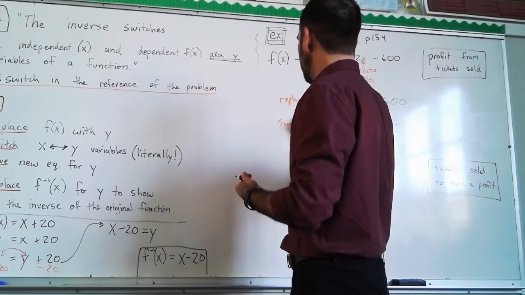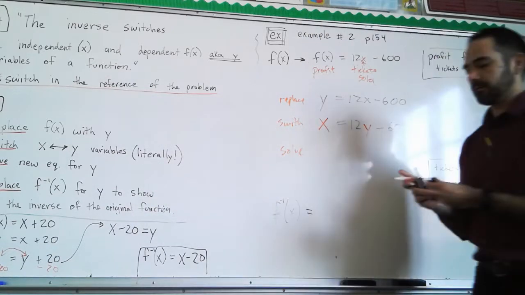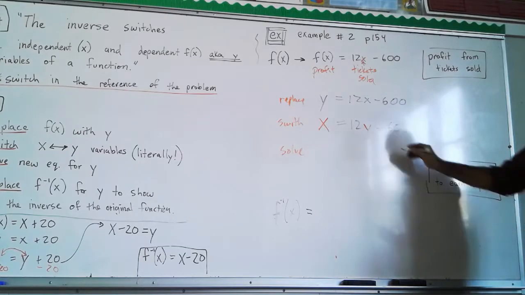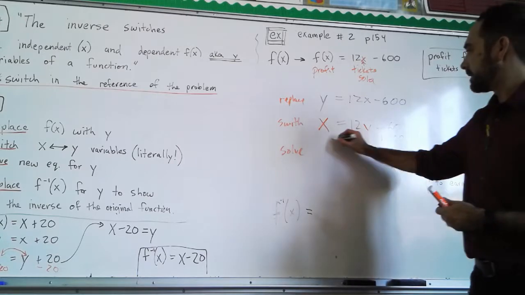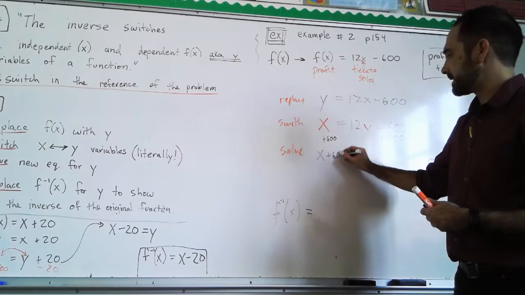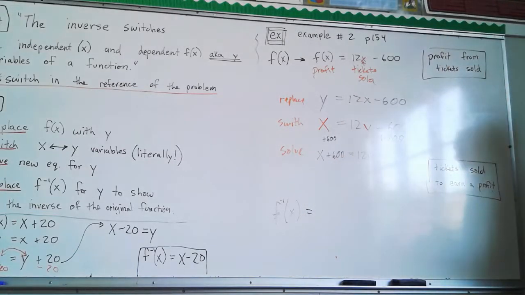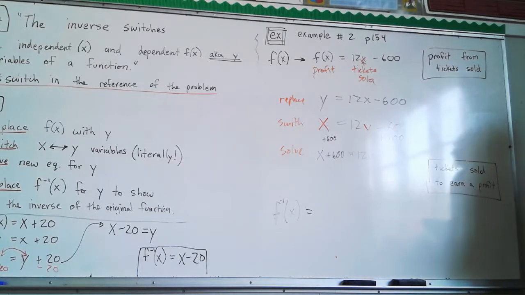What's next? We need to solve. So let's see. I'm going to start by adding 600. x plus 600 is equal to 12y. Think about what's going to be next.